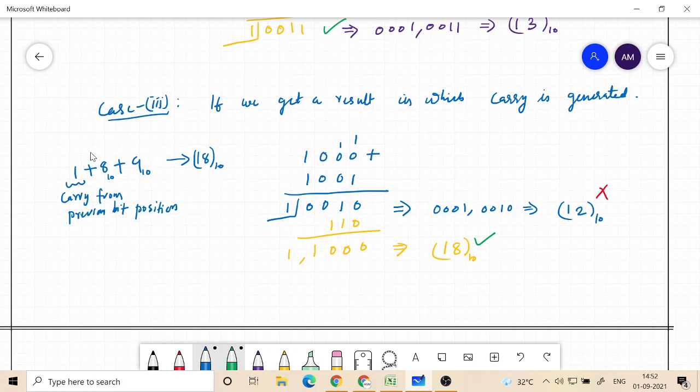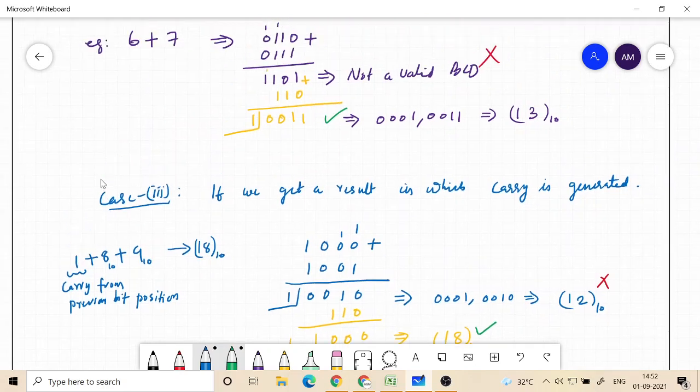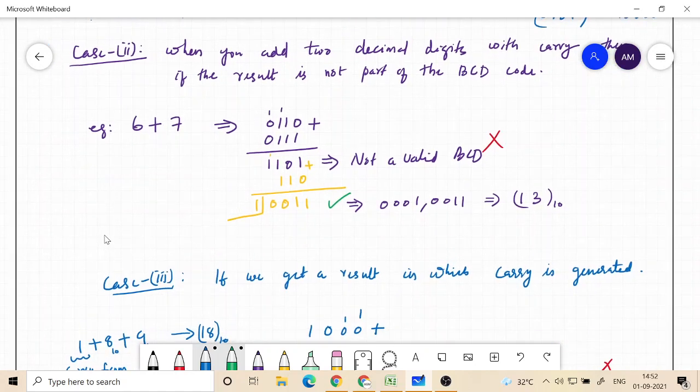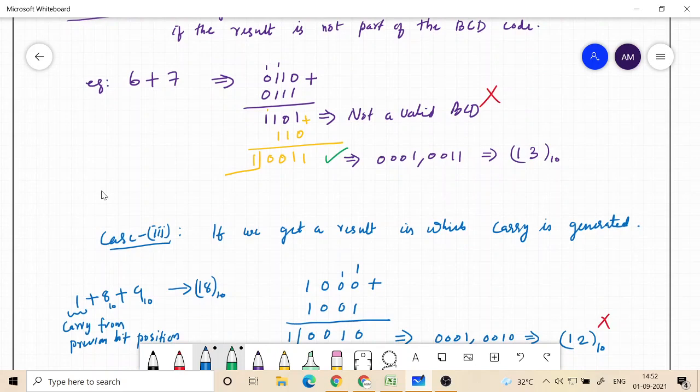There are 20 possibilities, out of which some are with carry and some are without carry. Among those without carry, some give you a valid BCD output, in which case we don't need to do anything, but in other cases we have an invalid BCD output. Invalid in the sense that it is not an accepted code.